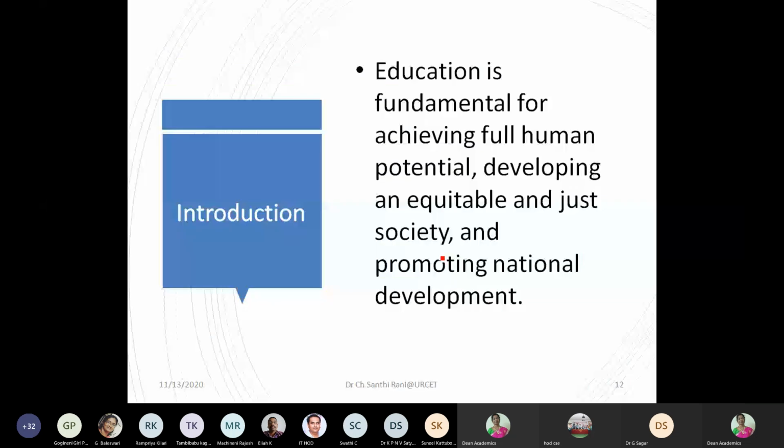Now, let me give you some brief introduction to this NEP. According to this NEP, or in general, what is education? How is it helpful for the development of a nation or a country? Education is fundamental for achieving full human potential, developing an equitable and just society, and promoting national development.